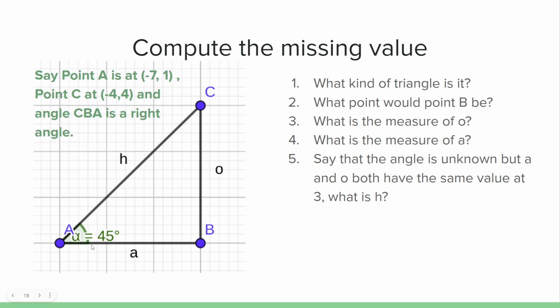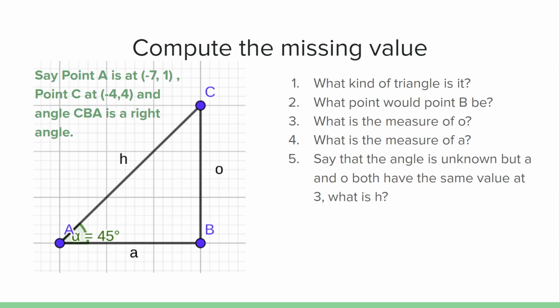It's a right triangle. How do you know that? Point A, we have -7 and 1. CBA is a right angle. So given that's a right angle, it's a right triangle na. Okay. Sige. 2. What point would point B be?